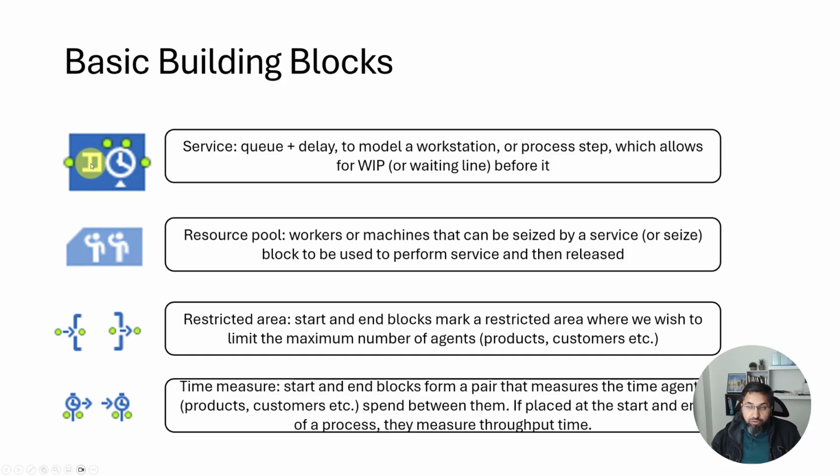They can seize a resource. So let's say a patient comes in, you need a nurse to see the patient. They will seize a nurse from the nurse pool, and then that nurse will not be available anymore until that patient leaves the block, and then the nurse will come back into the resource pool. So this is used to model limited resources.